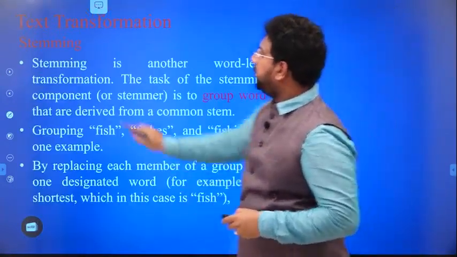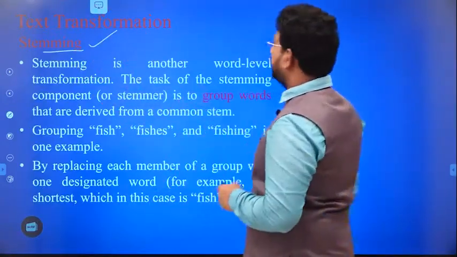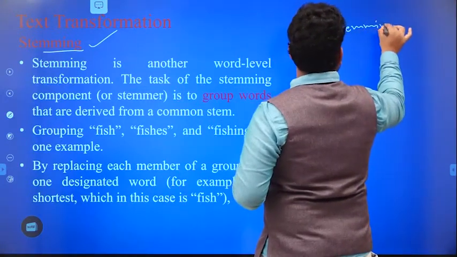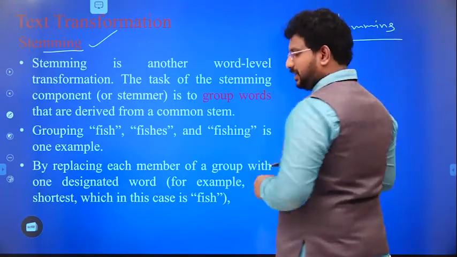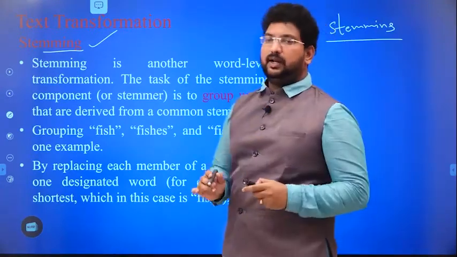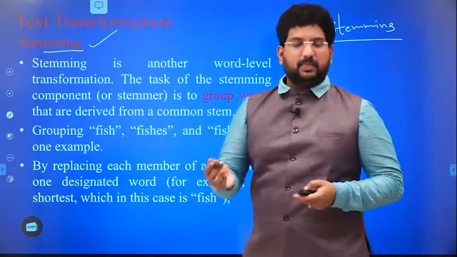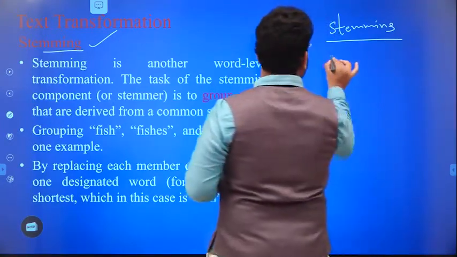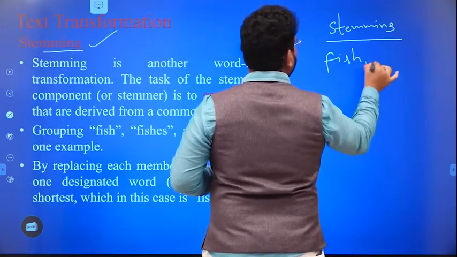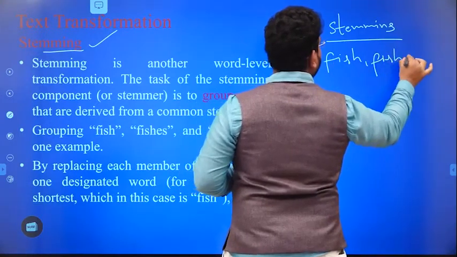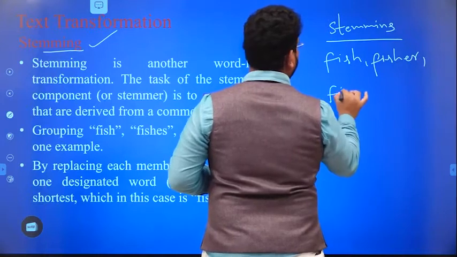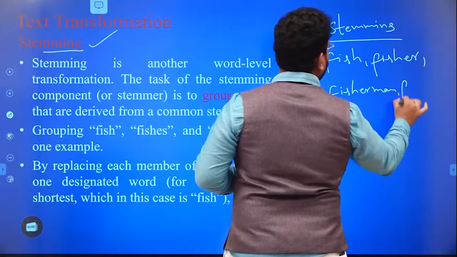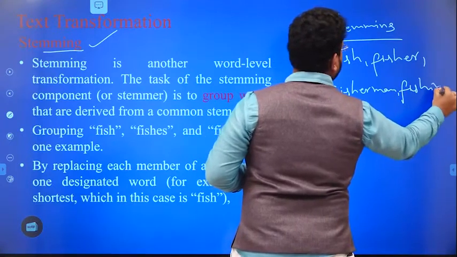And next, stemming. This is the word we try to understand. What is stemming? For example, whenever you are working with a particular word, consider the word fish, fisher, fisherman, fishing.